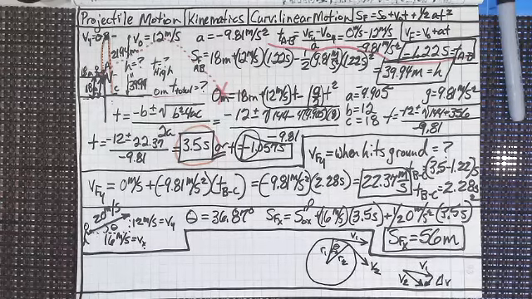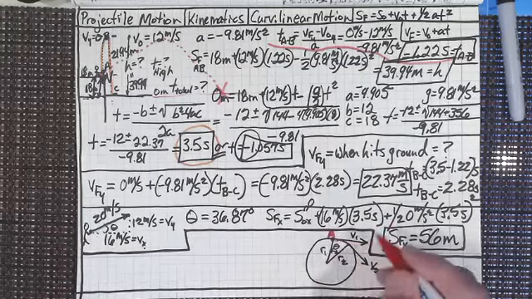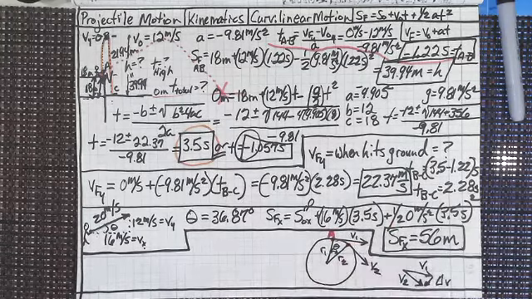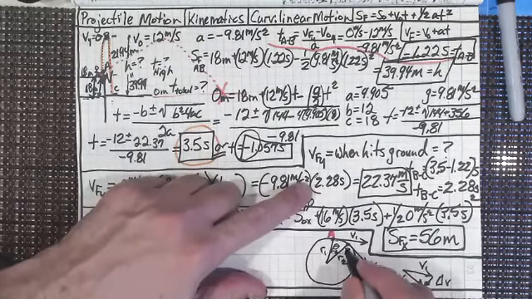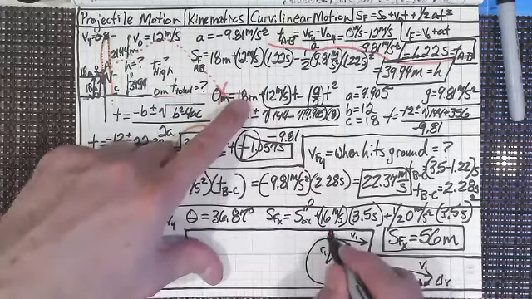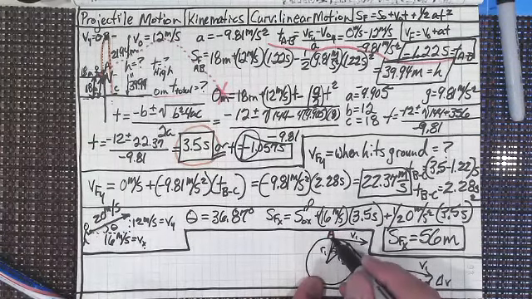Now, if I was to look at these 2 different locations here, I'll call this one A, and this one B. Now I'm just going to join them with a line.